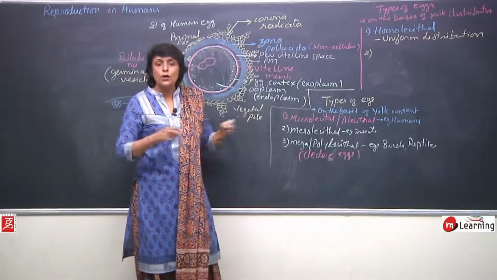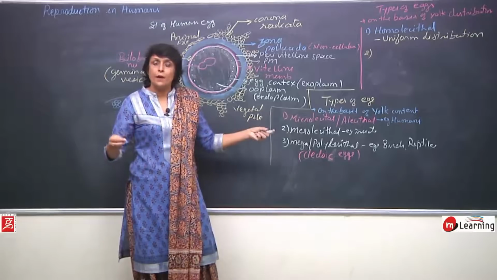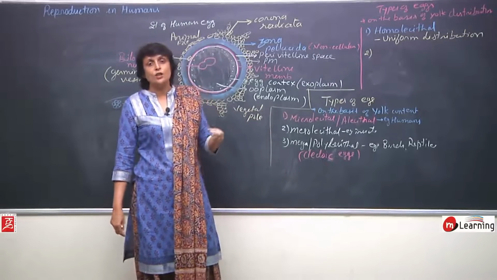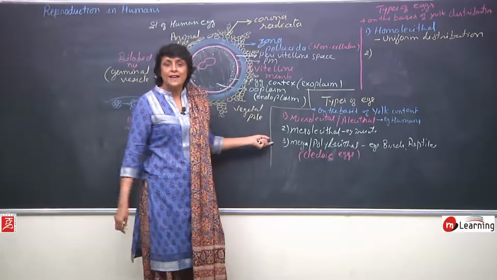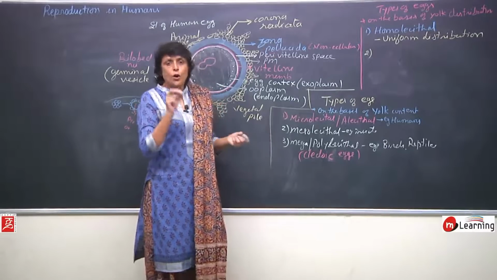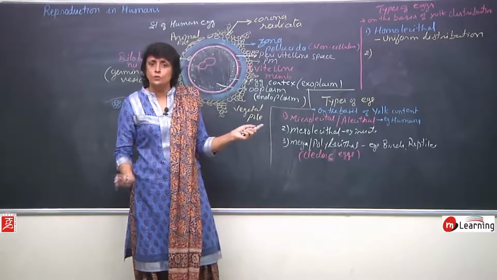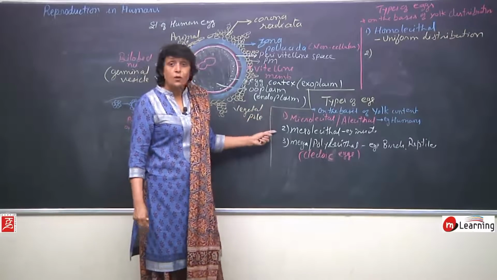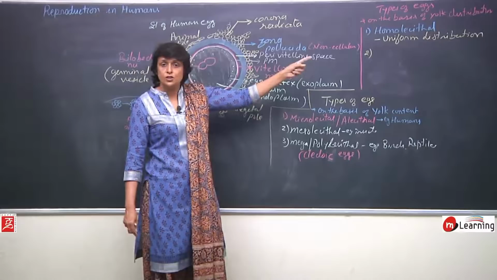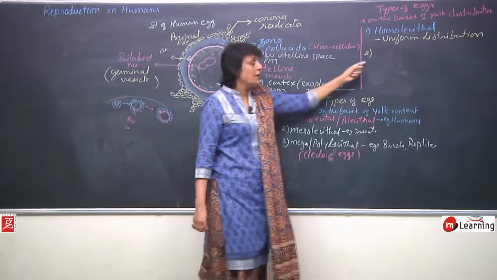So, if the yolk is plenty and everywhere, then the cytoplasmic division will get disturbed or it will not be proper, and that is why the yolk has to be either on one side or in the center, or if it is almost negligible, then uniform. So, that also affects the cytoplasmic division. That is why this distribution is also very, very important.